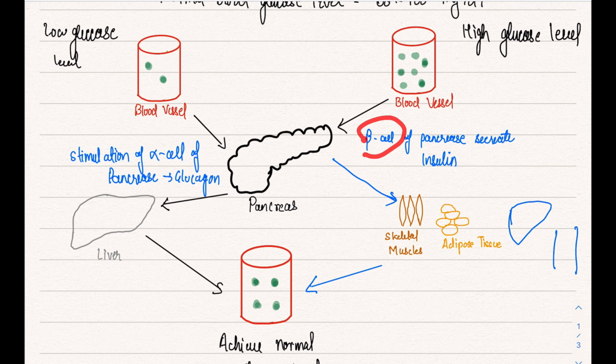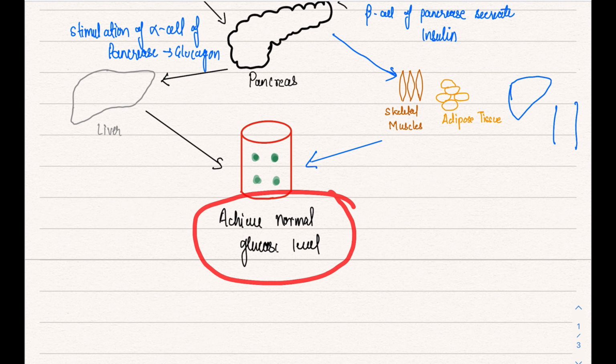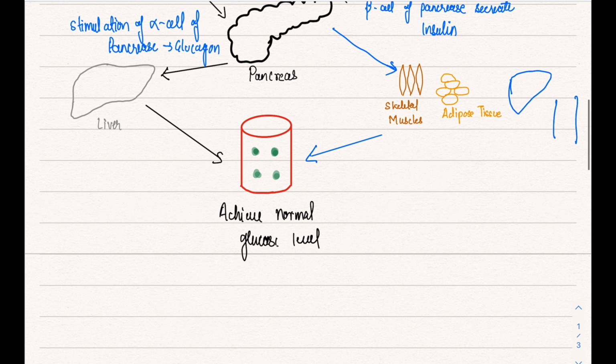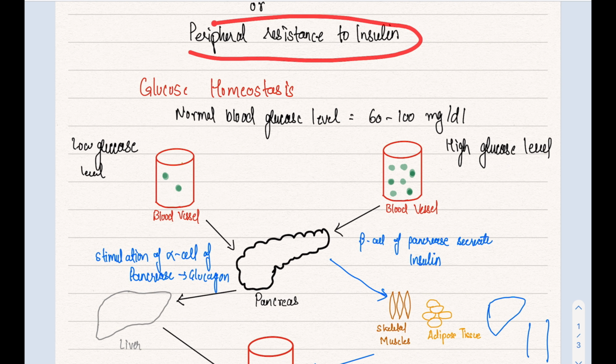If they are destroyed, there will be no insulin, and the cells will find it difficult to take up the glucose from the blood. Synthesis will be very low and there will be more breakdown of the glycogen. That condition is going to increase the glucose, and that will lead to a lot of complications, as we are going to see later. So that is a little bit, and I also told you that it could also be due to peripheral resistance.